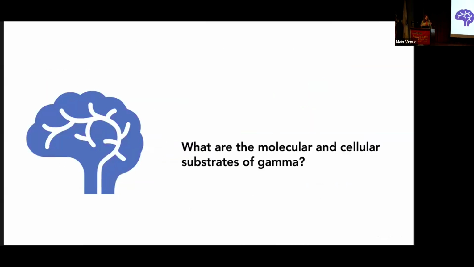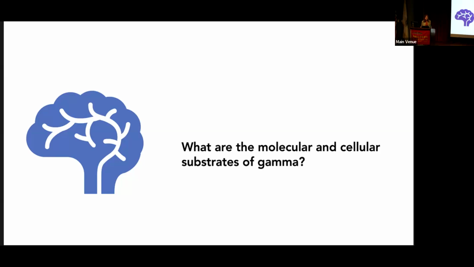While we know a lot about when gamma is active and what the associated network activity is, very little is understood in terms of how these different classes of synchronous neural activity impact the neural system at the molecular and cellular level.